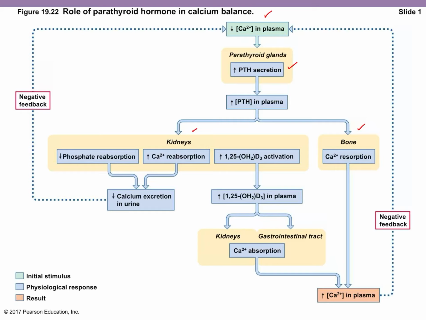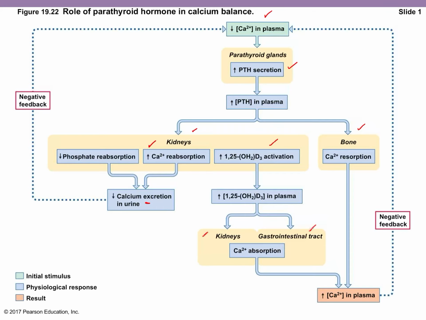Then it can talk to your kidneys to upregulate calcium reabsorption, and that's going to limit the amount of calcium excreted in your urine. It's also going to activate the process to get your active D3. The active D3 will go to your kidneys and the GI tract to absorb calcium.